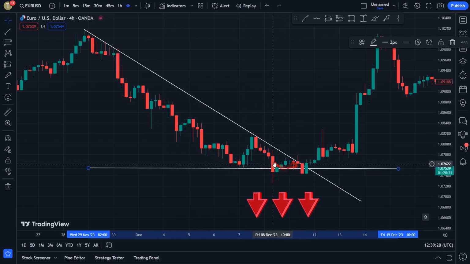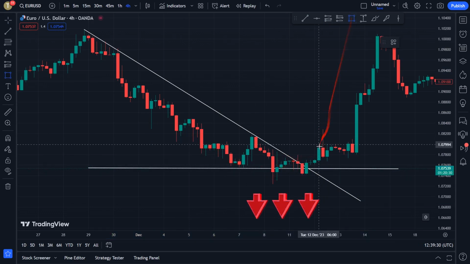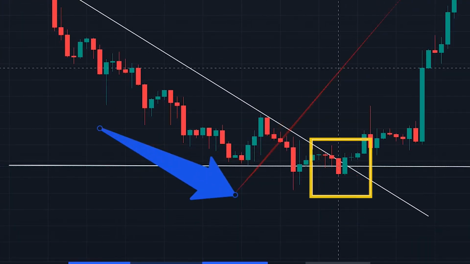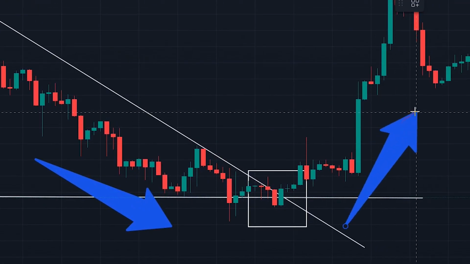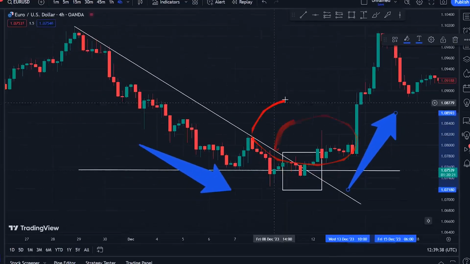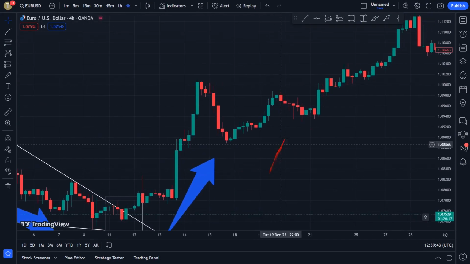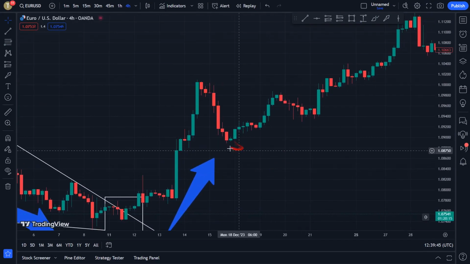Sellers try to bring the price down, but after several unsuccessful attempts to reduce the price, the market starts producing these types of candles, changing the trend to an uptrend. Buyer strength increases compared to sellers, and the price starts to rise.